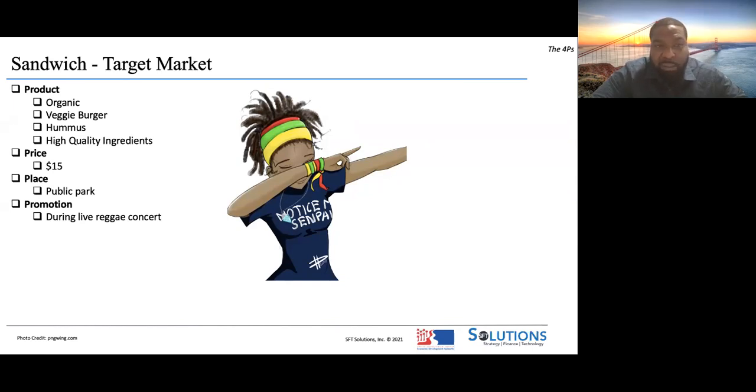And I would offer this probably around a $15 price point. That's how I would go about selling a veggie burger to someone in this demographic. Now, as I mentioned, all of those 4 things have to intersect for the marketing campaign to be a success. So the right product in the right place, using the right promotion tactics, and at the right price.